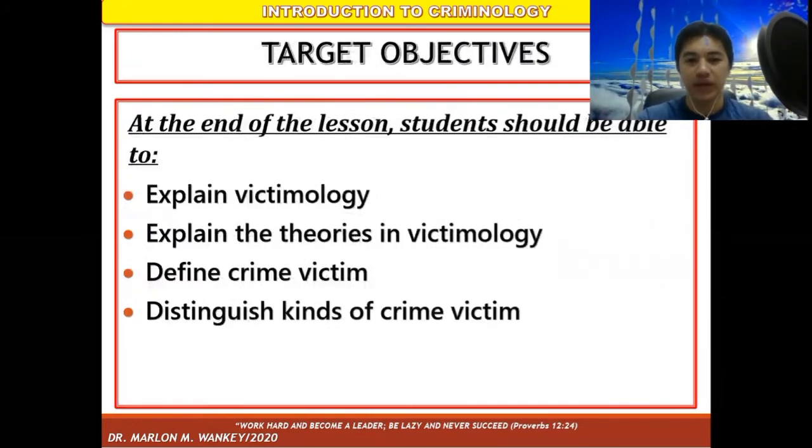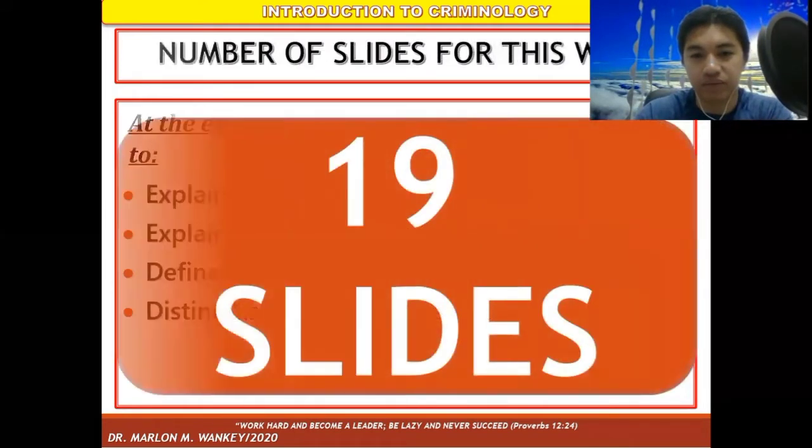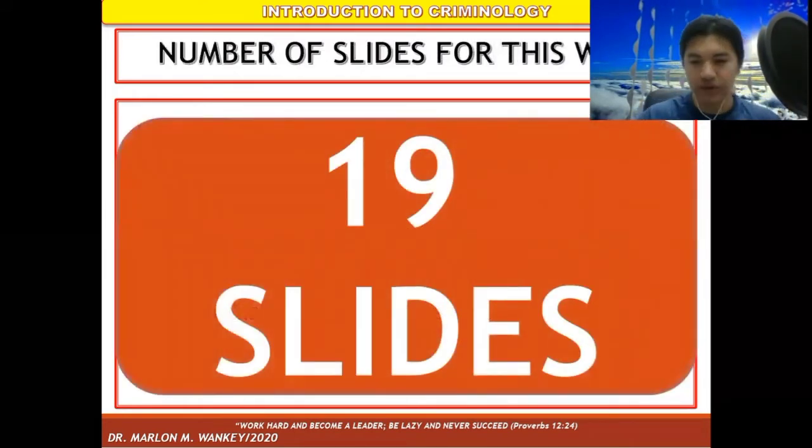While the target objectives, at the end of the lesson, are that the students should be able to explain victimology, explain the theories in victimology, define crime victim, and distinguish kinds of crime victim. Our lesson will only cover 19 slides for this week.